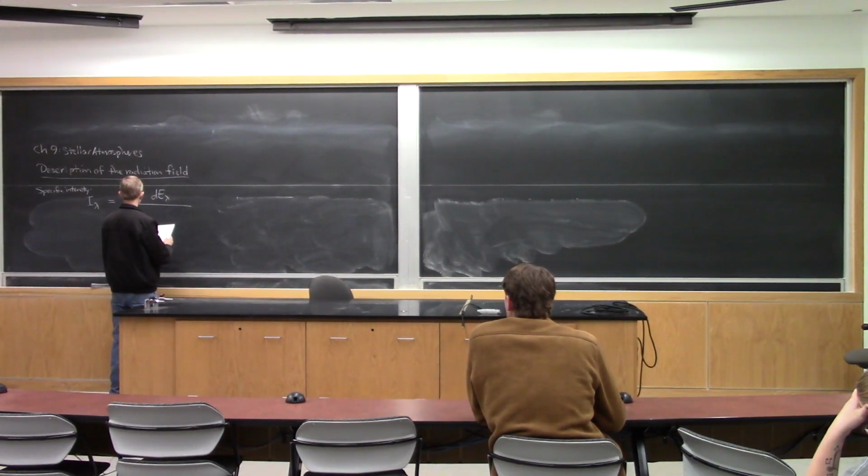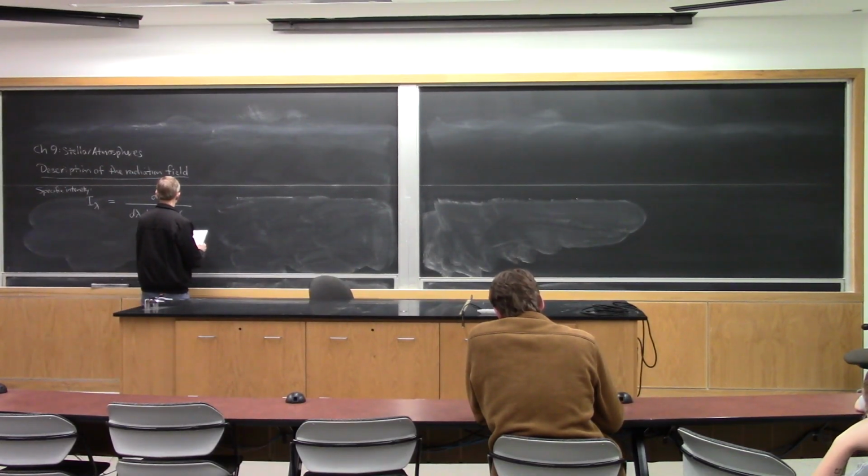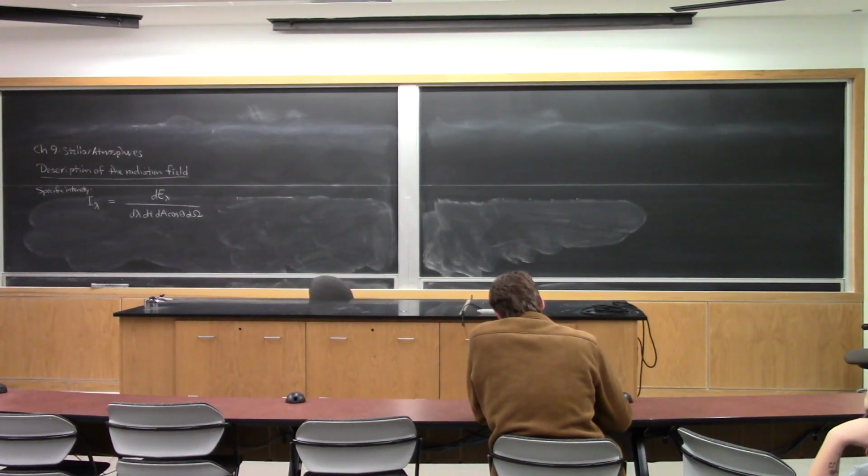It's dE lambda over d lambda dt dA cos theta d omega. Remember, it's the ratio of all those things, and that's not a derivative, it's a limit as all those quantities approach zero. So I'm not bothering to write the limit as that list of things goes to zero. I'm just saying there it is in all of its glory.